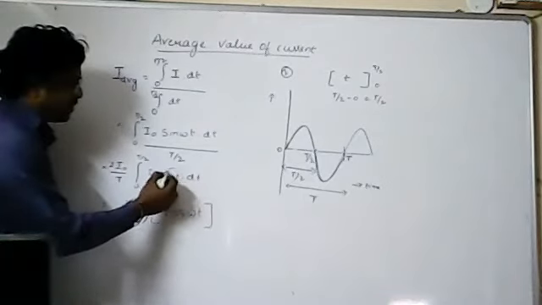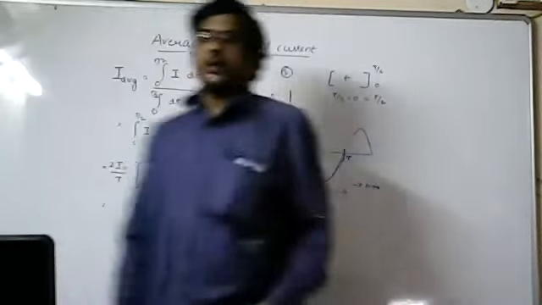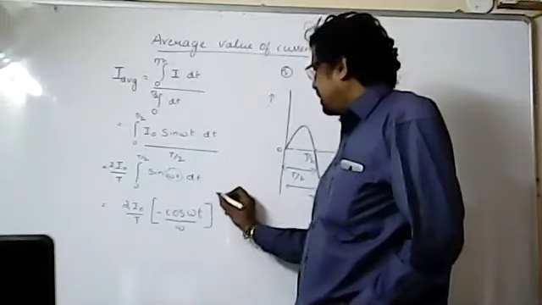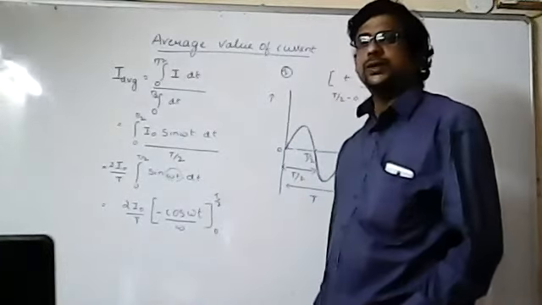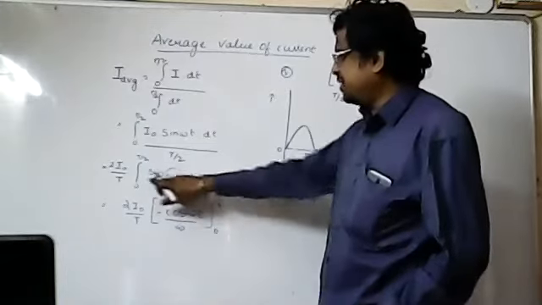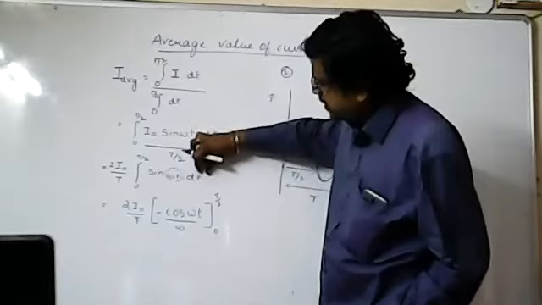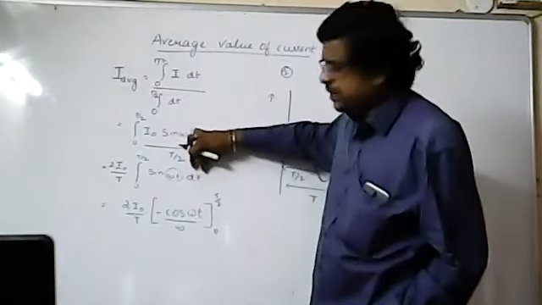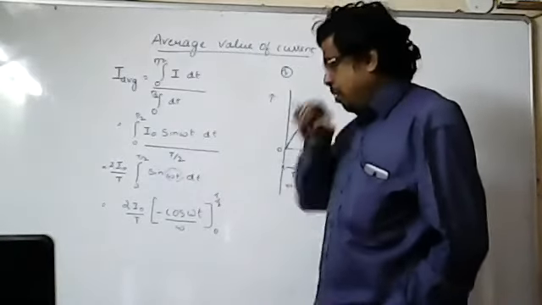So again I have to differentiate this one, and I will get omega within the limit T by 2. First integrate this one, and again this is omega t, but it is differentiated with respect to t, so again differentiate this one by omega.